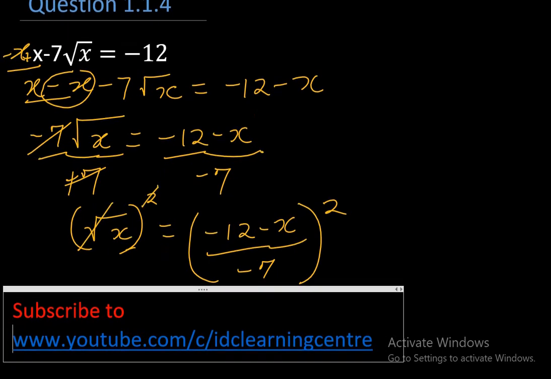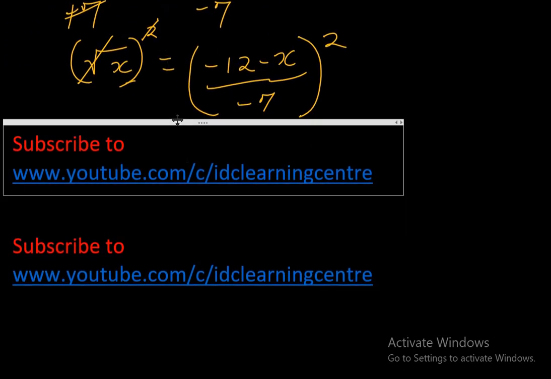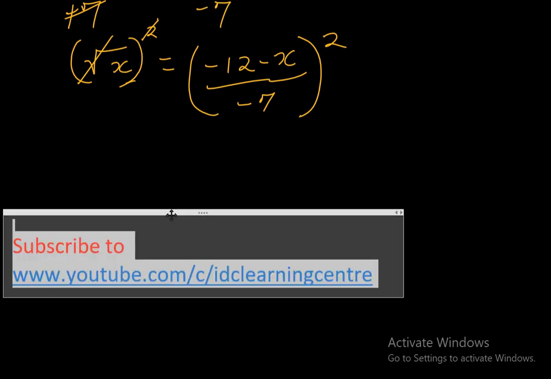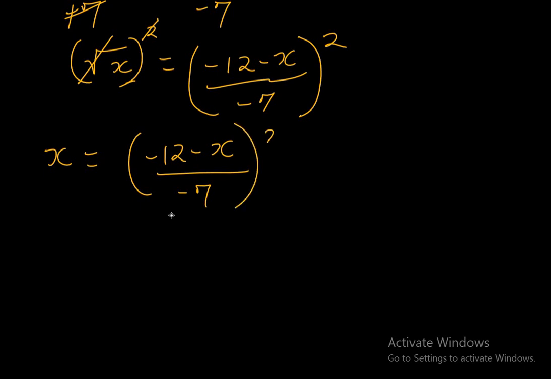If that happens, x will give me brackets minus 12 minus x close bracket over minus 7, now squared.